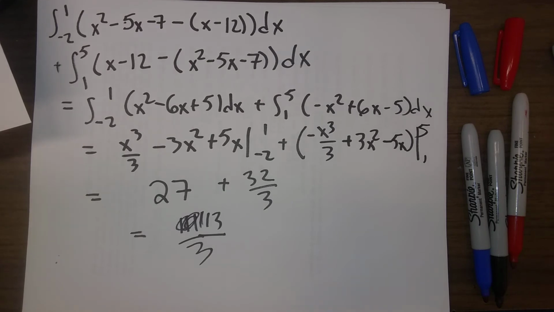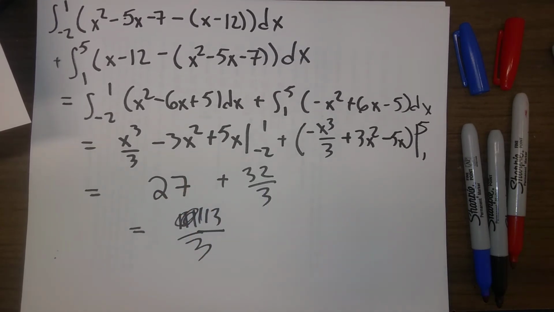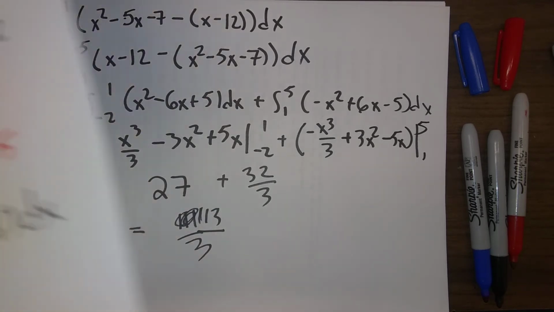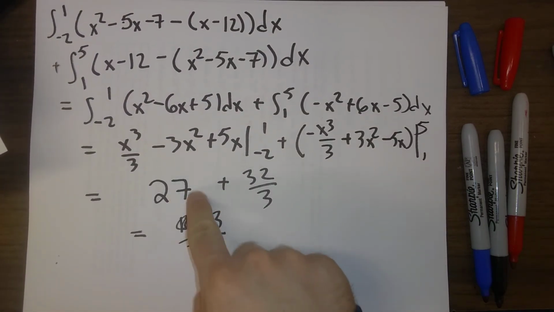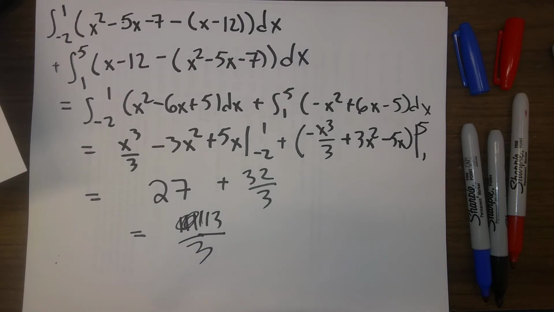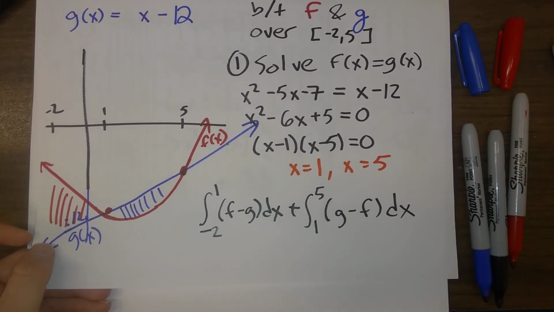So thing to look out for, note that both of these answers, this 27 and 32 over 3, are both positive. And that's important because when we're finding areas between curves, we want our answers to be positive. And so if we had got an answer of maybe minus 27 here, that would be suggestive that we had done these in the wrong order.